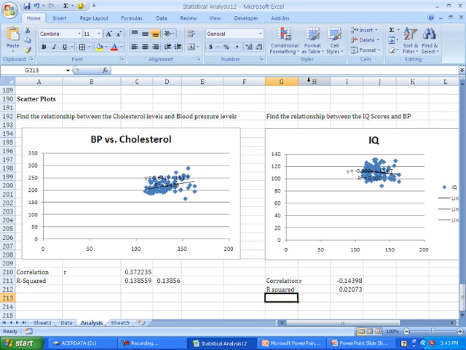But if I have to establish the relationship between two scale variables, the most important solution that I can resort to is the scatter plots, and to find out the strength of the relationship between the two variables, I can resort to plotting the scatter, and computing the correlation and R squared.